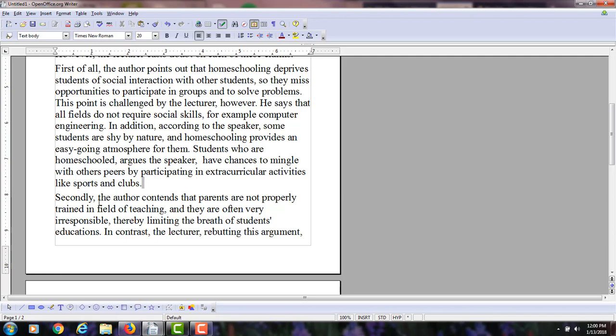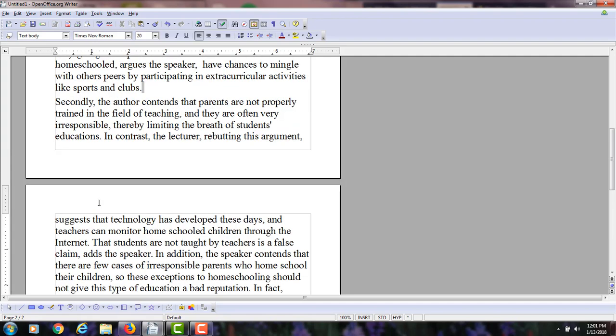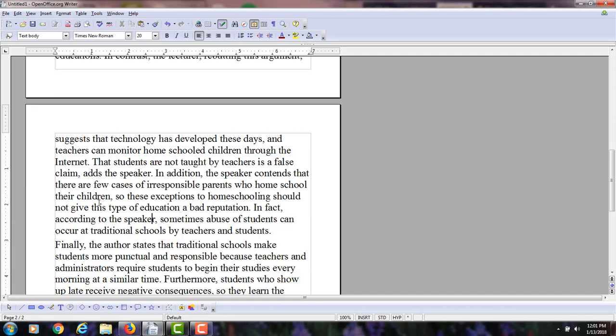Secondly, the author contends that parents are not properly trained in the field of teaching, and they're often very irresponsible, thereby limiting the breadth of students' educations. In contrast, the lecturer, rebutting this argument, suggests that technology has developed these days and teachers can monitor homeschooled children through the internet. That students are not taught by teachers is a false notion, adds the speaker.